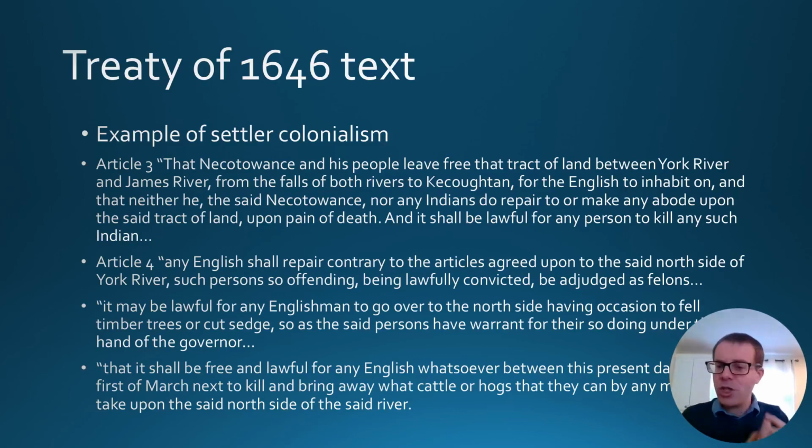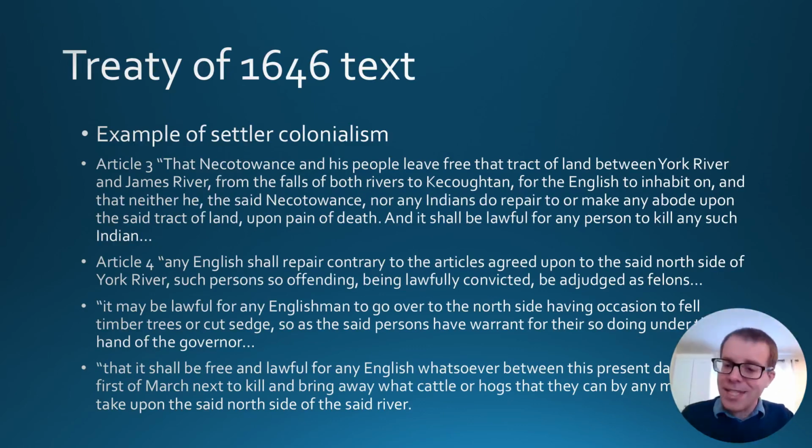But the English in Virginia very clearly try to expel native peoples from their polity and say that this land is English land, and Native Americans cannot be a part of the local political system in the colony of Virginia.